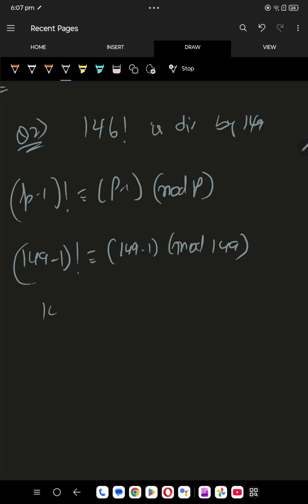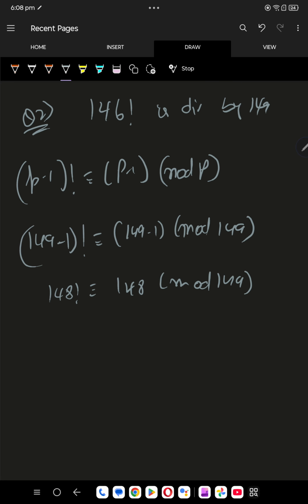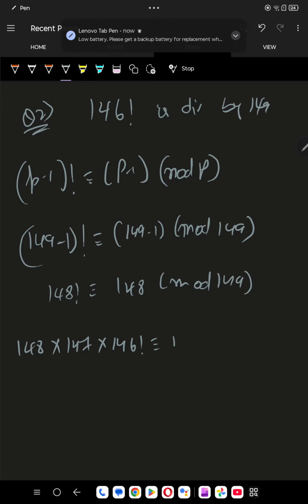That's 148 factorial is congruent to 148 mod 149. Now we want 146 factorial. So I can write 148 factorial as 148 into 147 into 146 factorial, congruent to 148 mod 149.